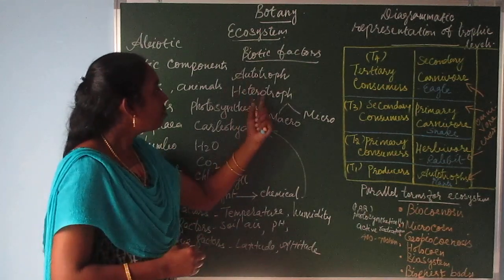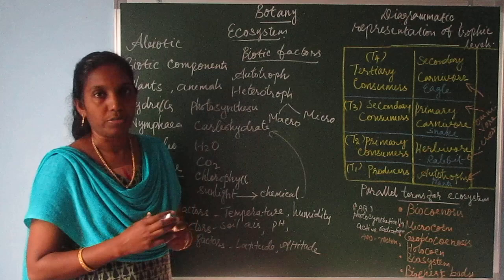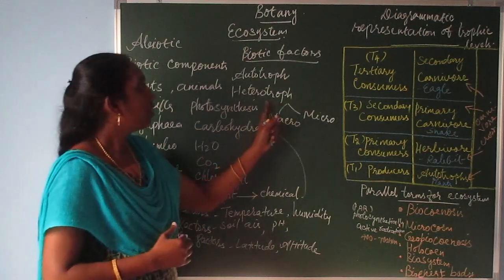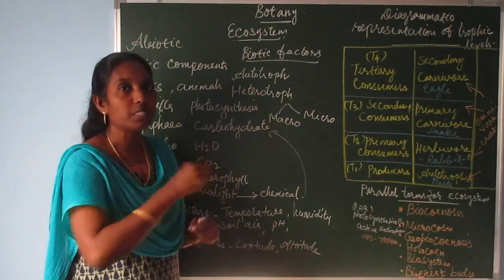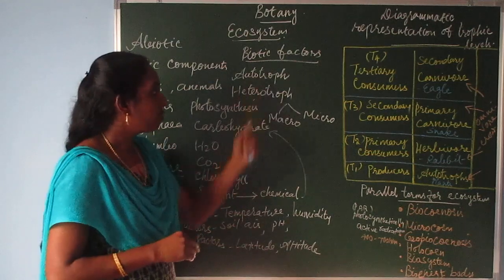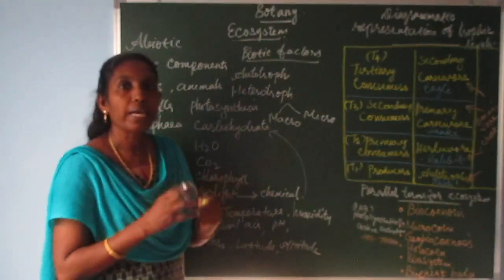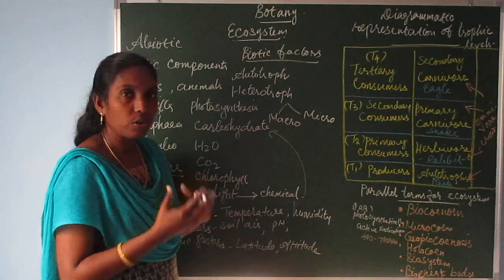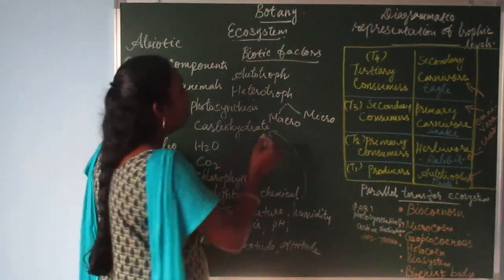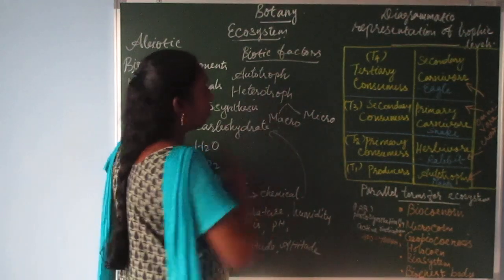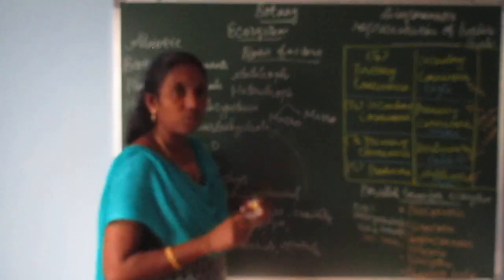They consume the autotrophs, the plants. They are called macroconsumers or macroheterotrophs. The consumers are called macroheterotrophs, and microheterotrophs are the decomposers.